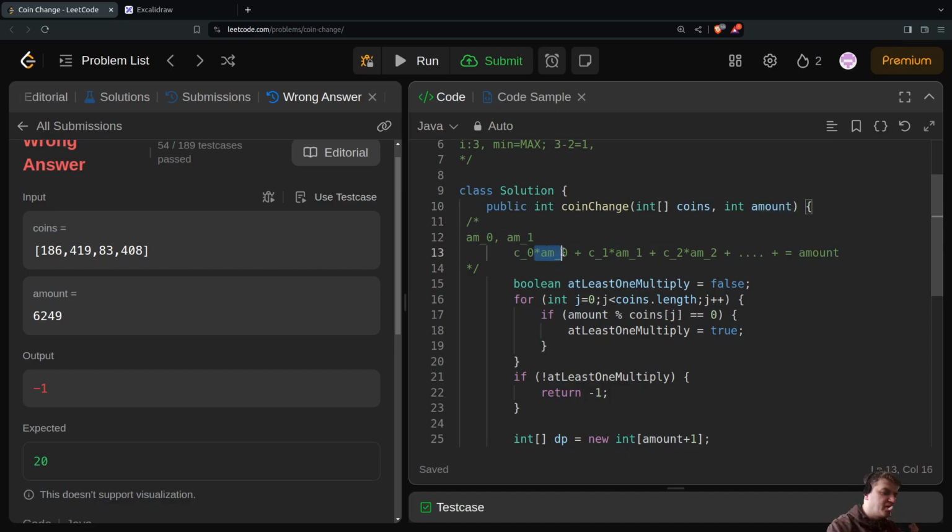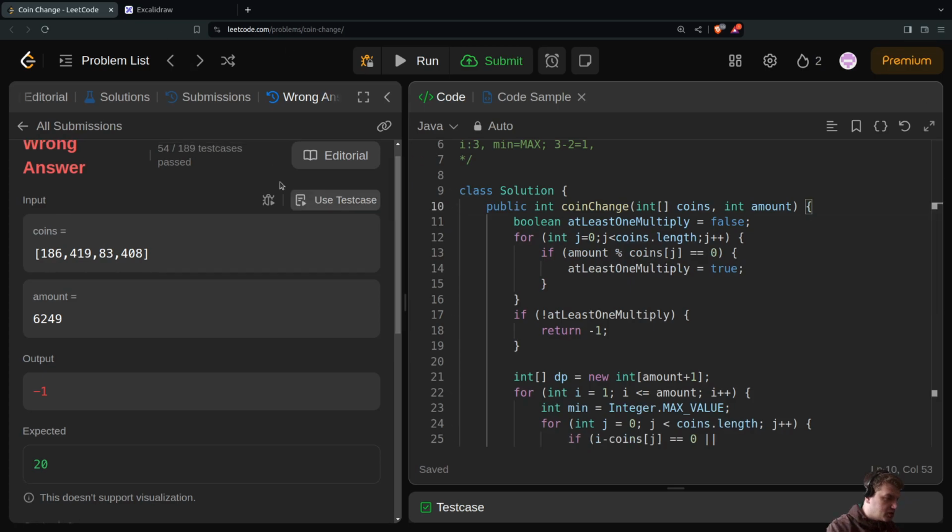If I know that amount 0 and amount 1 are greater than 0, then I cannot check it fast. Let's check again.